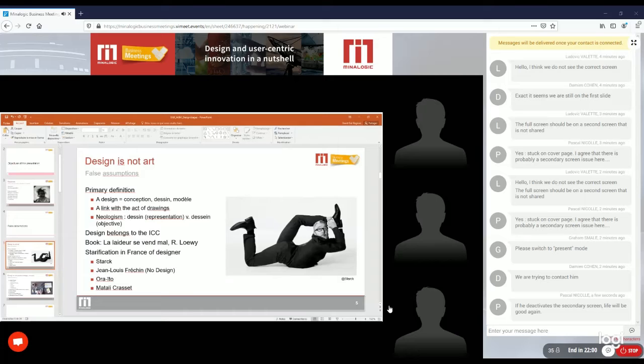There's some advice in the chat saying if you deactivate your secondary screen, it should work. But I don't know what the second screen is. I have only one screen. Let me see if I can get some technical help for you. Laure, perhaps you can share my presentation?